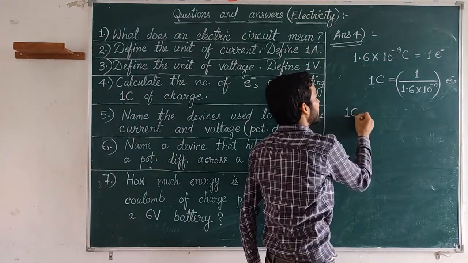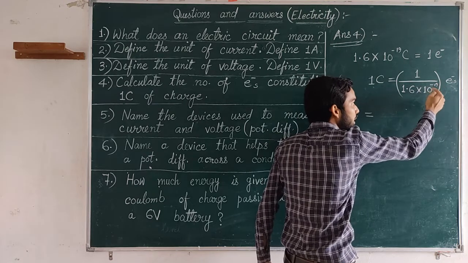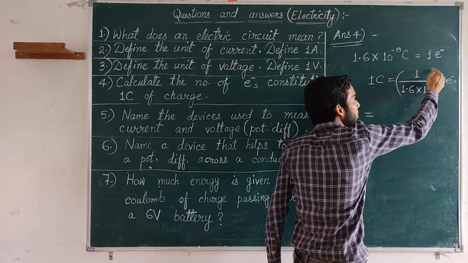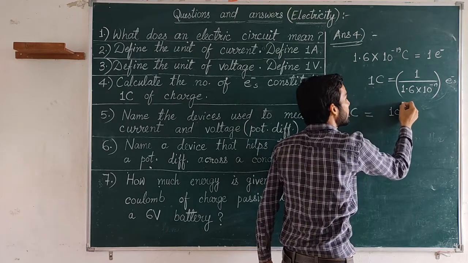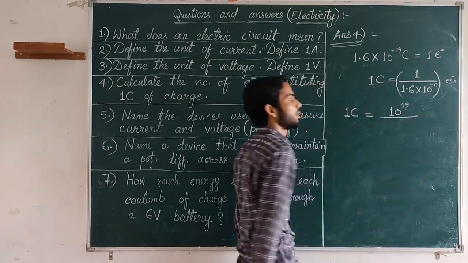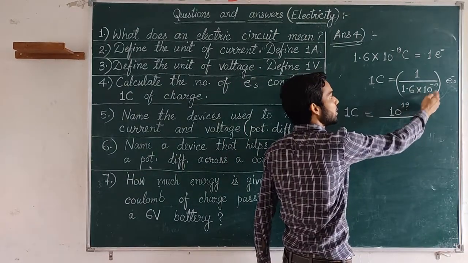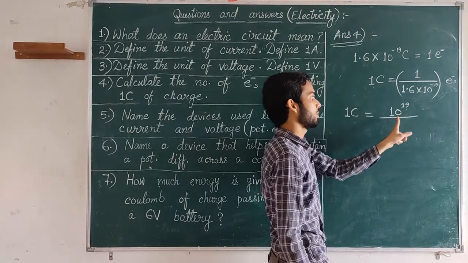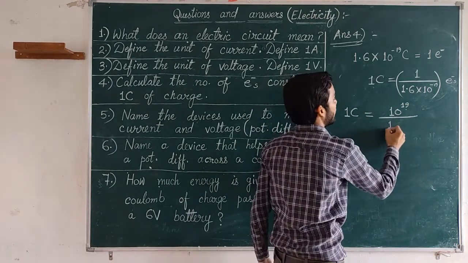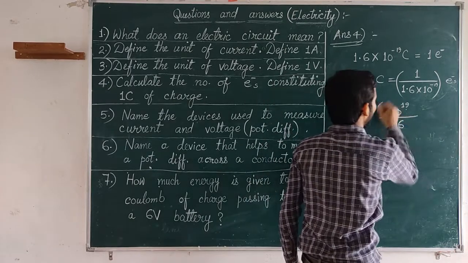So I can write it like this: when 10 to power minus 19 is going in the denominator, the power of 10 will become positive, 10 to power 19, because I have sent this 10 to power minus 19 in the numerator, so the power will be positive, and what remains in the denominator is 1.6 electrons.